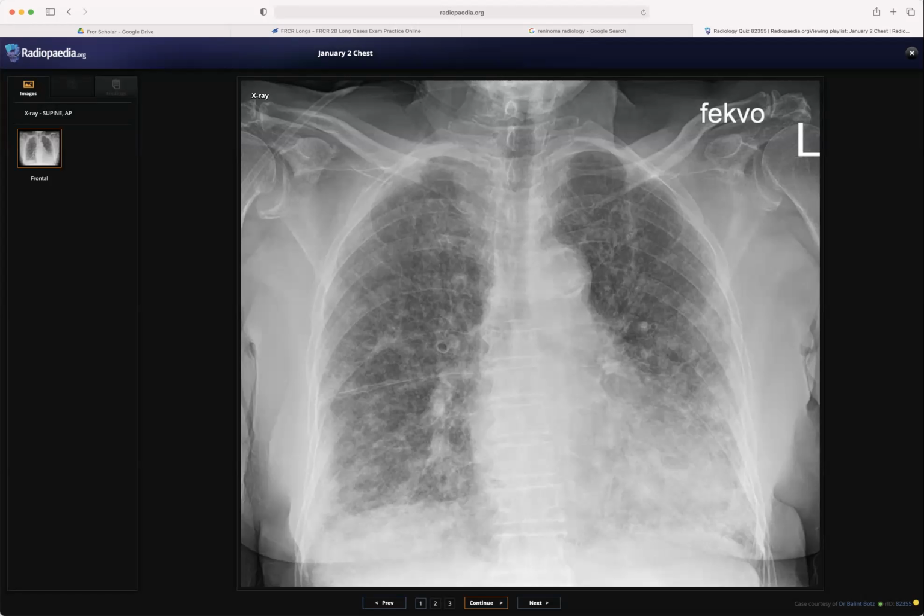So with the provided chest X-ray, my first concern will be interstitial lung disease of lower lobe predominance. Could be idiopathic pulmonary fibrosis, or it can be interstitial lung disease associated with collagen vascular disorders.